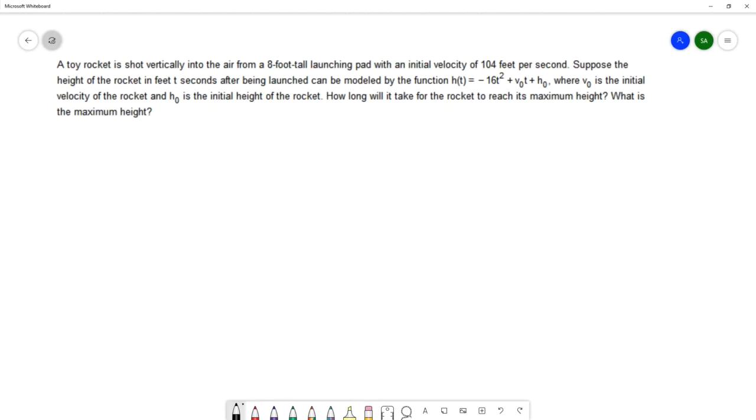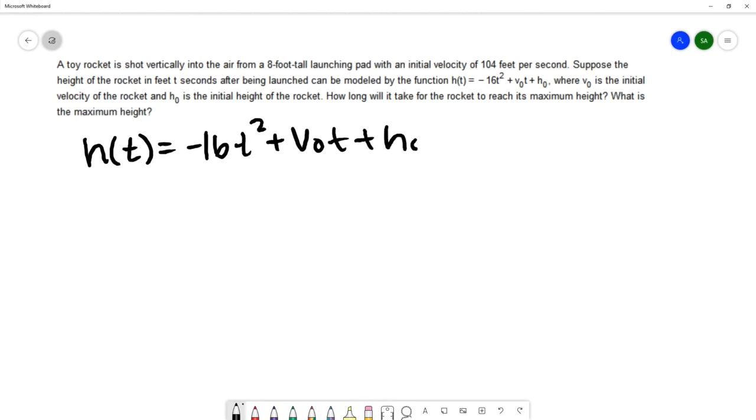So we're given this function, h of t equals negative 16t squared plus v naught t plus h naught. And we're told that v naught represents the initial velocity, and we're told right here we have an initial velocity of 104 feet per second, and we're also told that h naught represents the initial height, and over here we're told that the toy rocket is shot vertically into the air from an 8-foot tall launching pad.